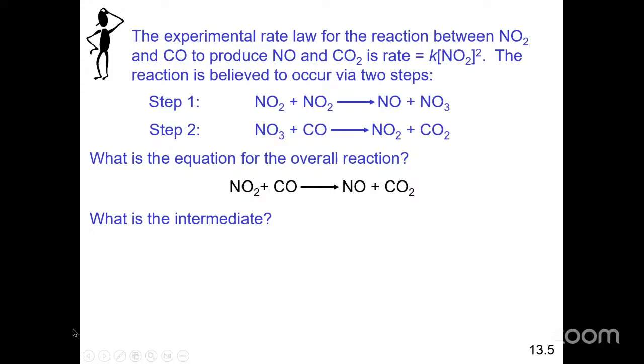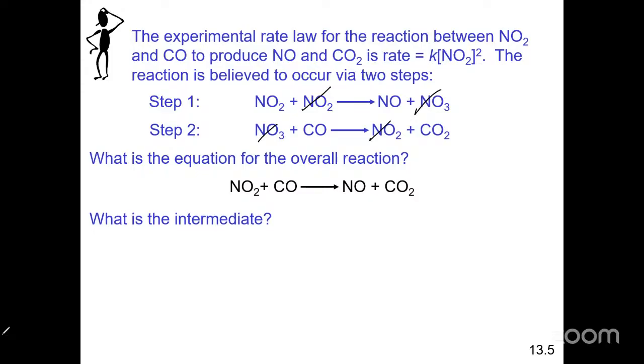So the NO3 here and here will cancel out, and you just add what is left. Oh, and also one more thing will cancel out, NO2, all right? So basically, you cancel out all common items on both sides, and you're going to end up with your overall equation.